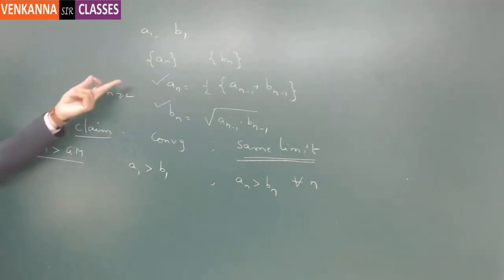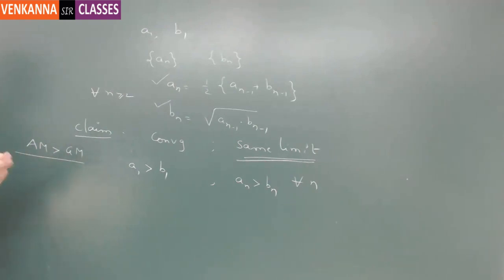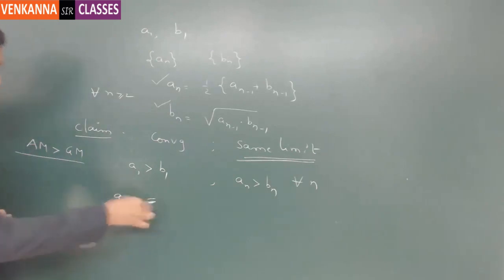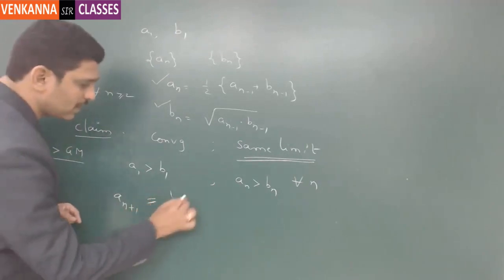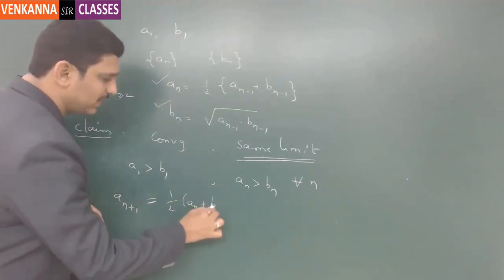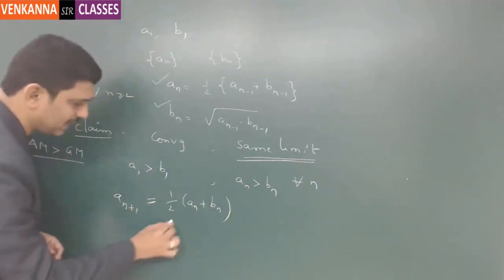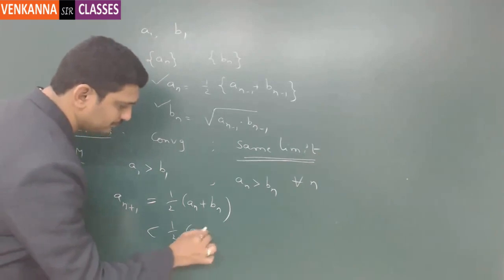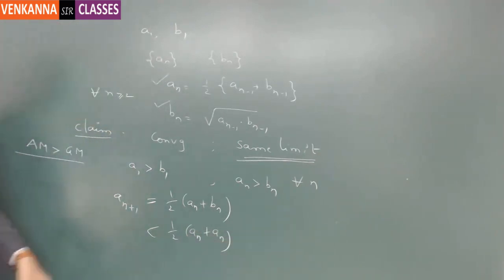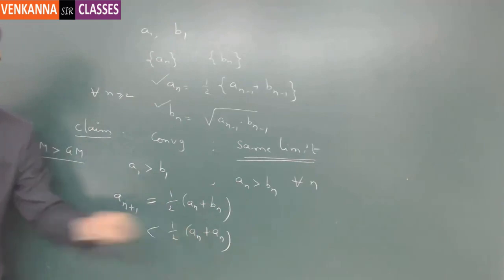So, I am going to take the formula of an. So, my intention is I want to show them as monotone first. So, if I write a(n+1), from the definition of the recursive formula, it is half into (an + bn). Since we know that an is greater than bn, so we can write that this will be less than half into (an + an), accepting this one from this step.